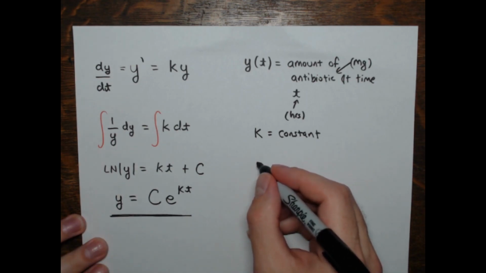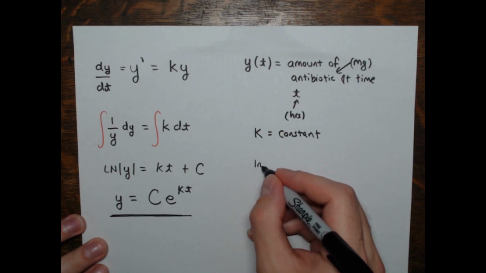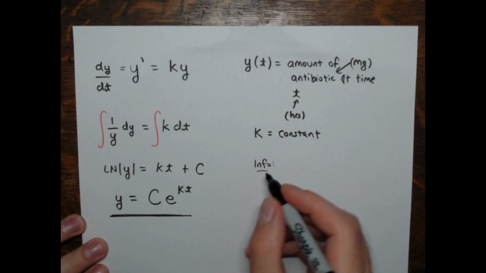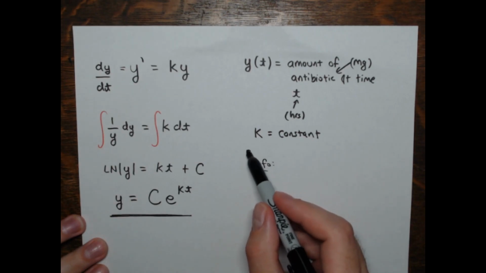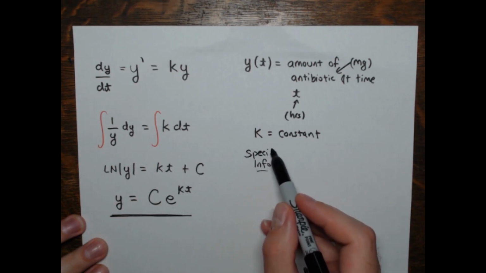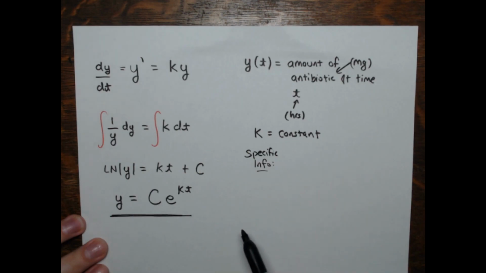Now, the information we're given. So I found the general solution to any equation like this first. Now let's go to some specific info. What were we given specifically about this particular antibiotic? So it said early on that each pill contains a dose of 500 milligrams of antibiotic.